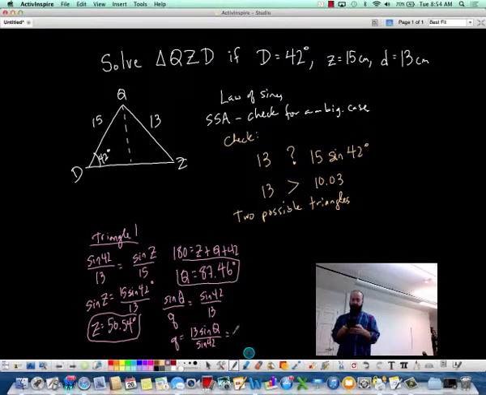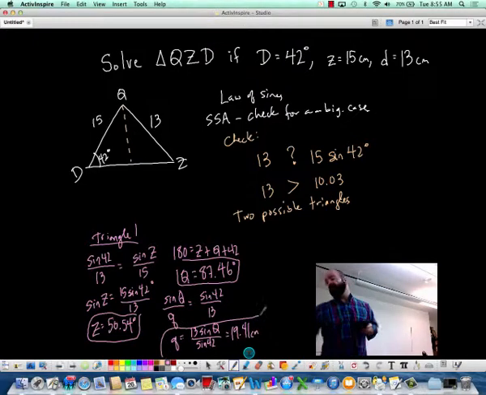So I want to pop that into my calculator: 13 times the sine of that number I just found, divided by the sine of 42. I get 19.41 centimeters. Okay, so that's just like a normal solving of triangles with the law of sines.